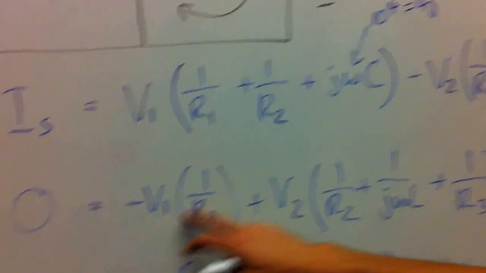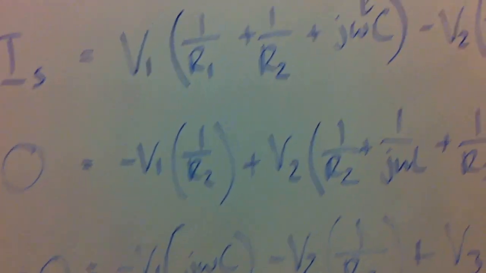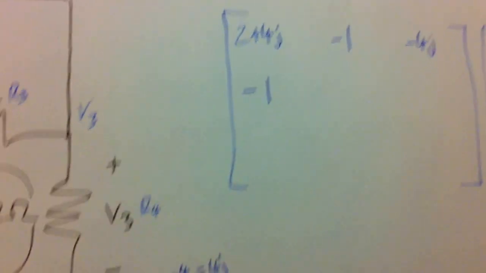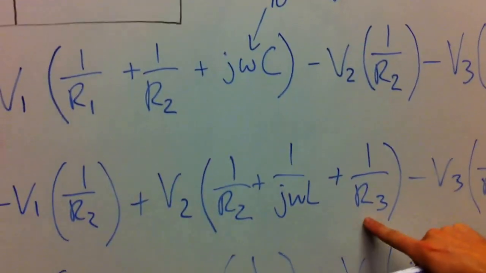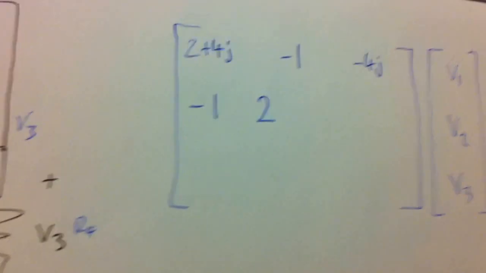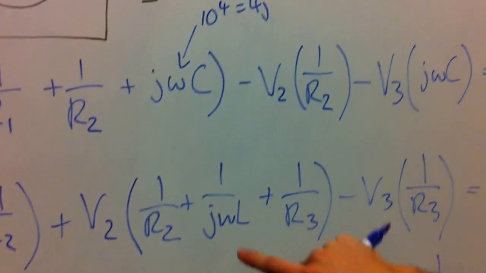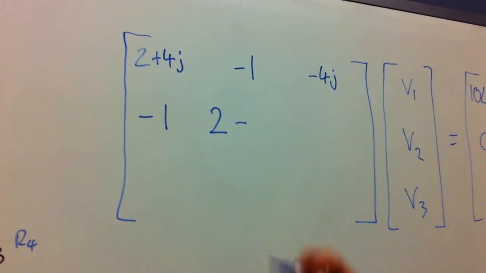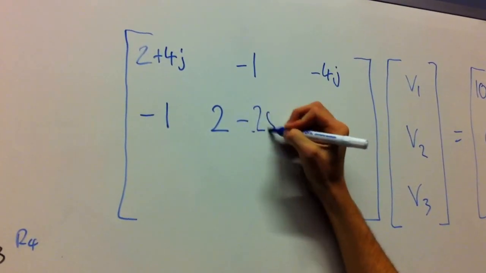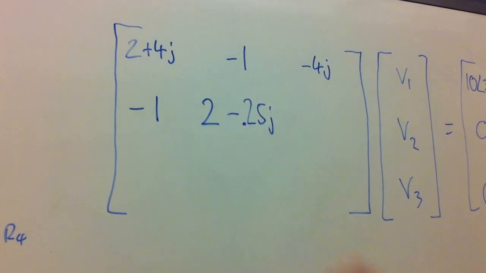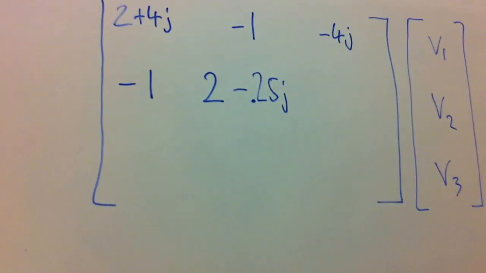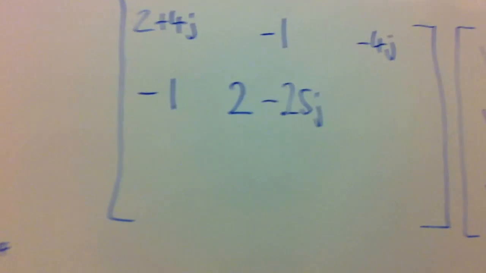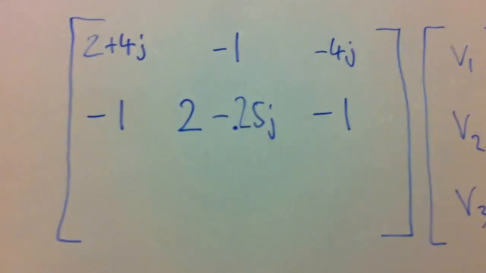Okay, next step, 1 on 1, negative 1. Next part gives us 1 plus 1, which is 2. And that becomes negative, because it's 1 on J, and it gives us a quarter J. And this last bit here gives us negative 1.